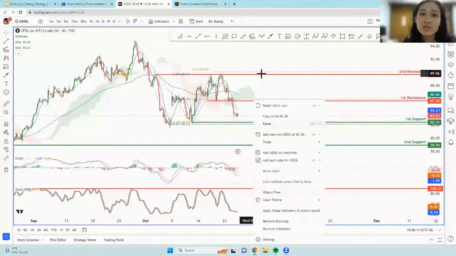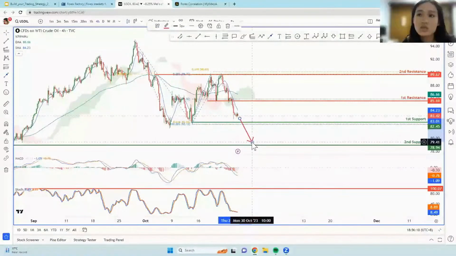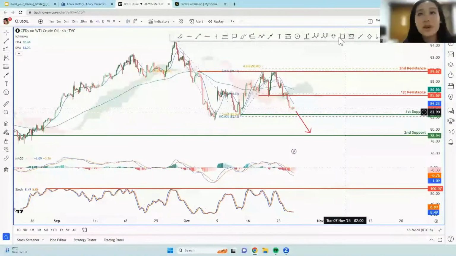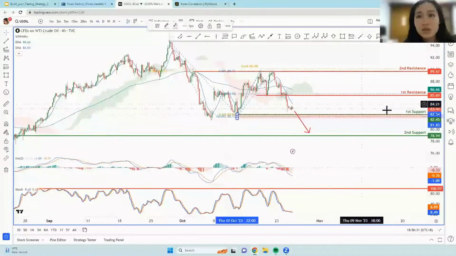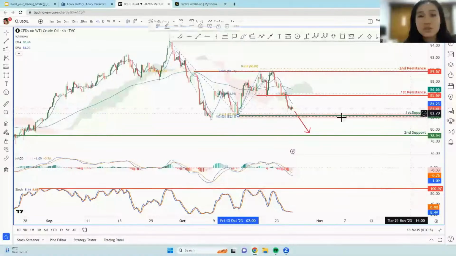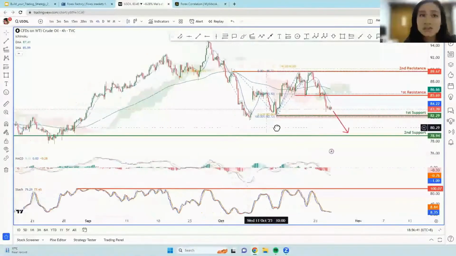I'll remove that so it's not so messy. So it drops and continues to drop towards our second support. But I want to mention that we might see price reacting off of our first support, because we have a confluence area here with the swing lows and also with the 61.8 and the 100% Fibonacci projections.